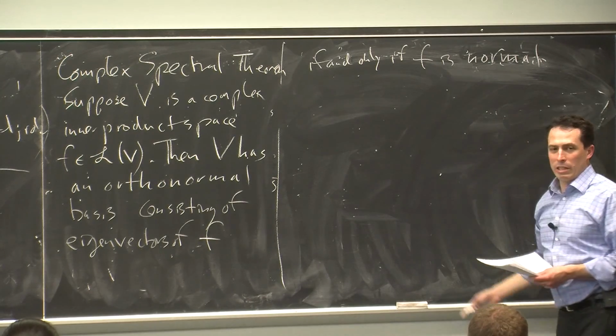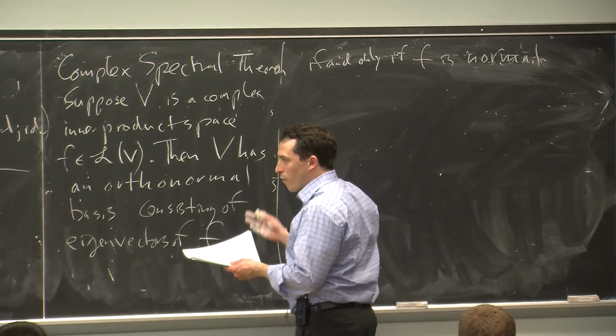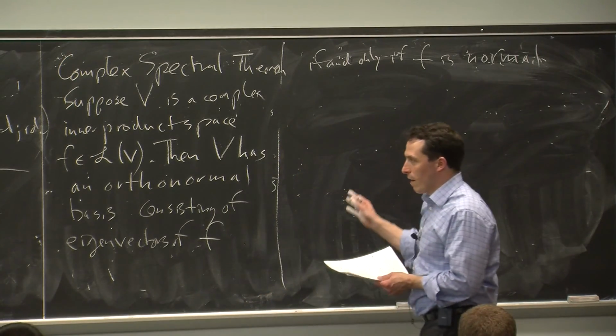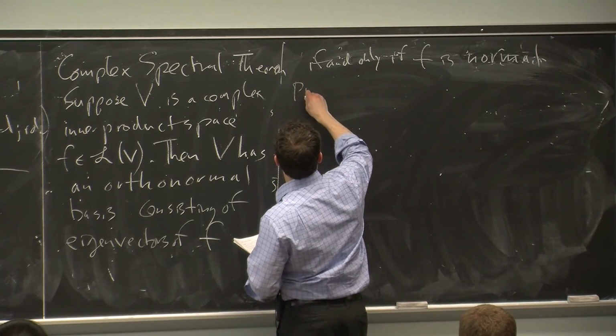Which it would be in particular if it's self-adjoint. And so F would have a diagonal matrix in this orthonormal basis.